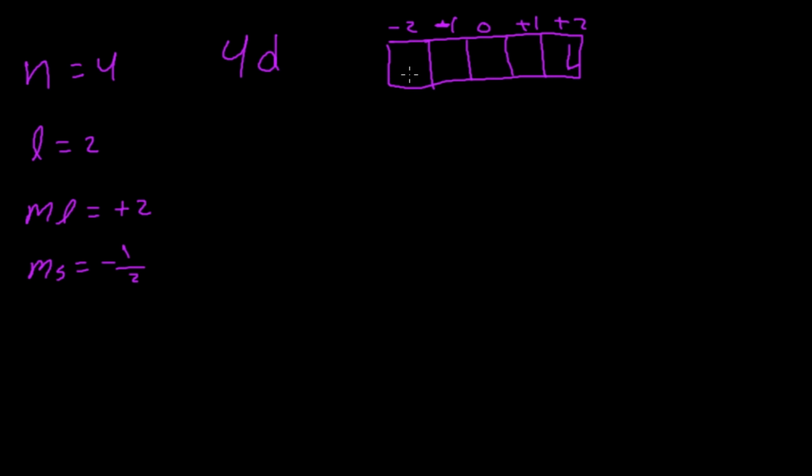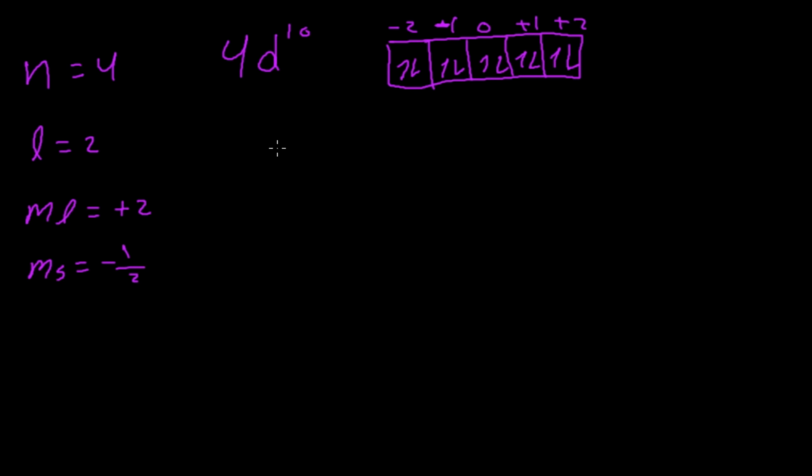You will distribute the electrons according to the Aufbau principle and according to Hund's rule. So you have to draw your electrons: 1, 2, 3, 4, 5, 6, 7, 8, 9, 10. So you have your 10 electrons here. That means you have a 4d10.